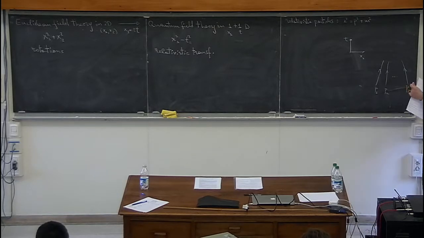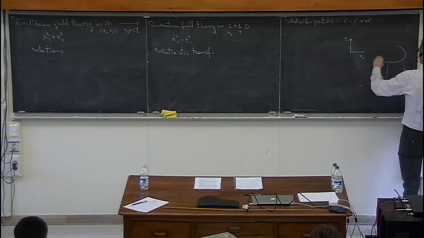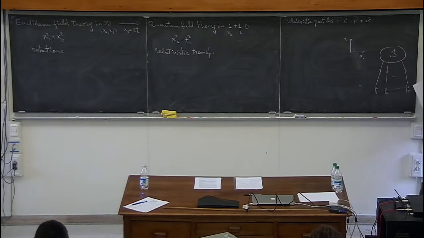And then, at time t equal to minus infinity, they are very far apart from each other, and at some point they approach each other and they interact, they scatter, as one says. So something happens, there is some scattering event, and after this scattering event, I will have a final state, in which the particles then move towards t equal plus infinity.